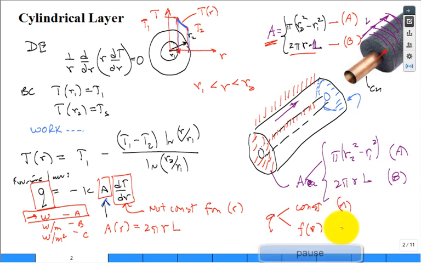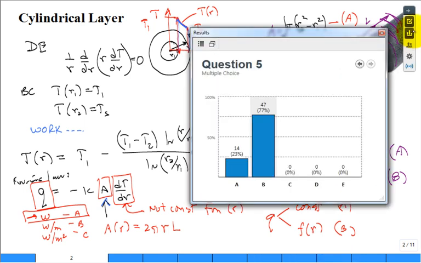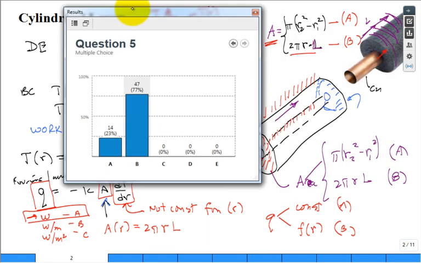Answer A or answer B? Well, let me just show the results. Okay, I can't grade that quite yet.